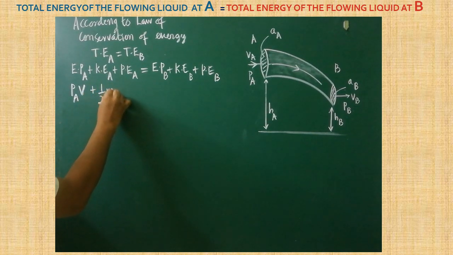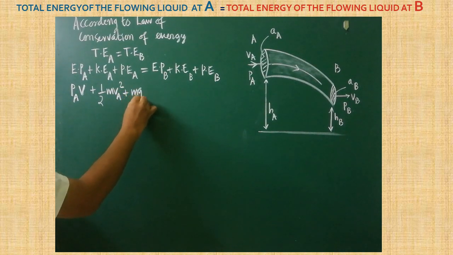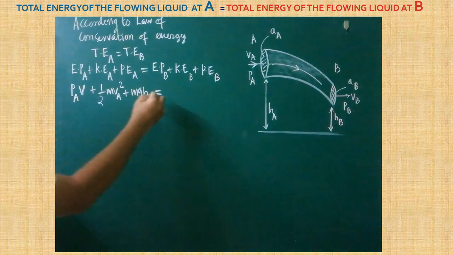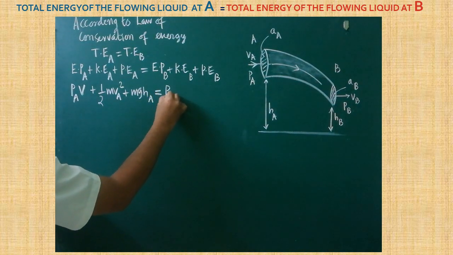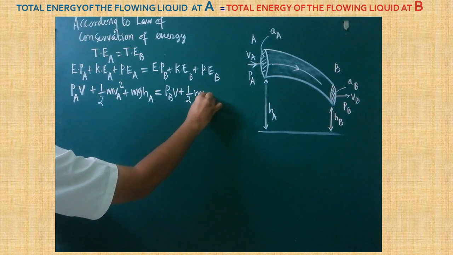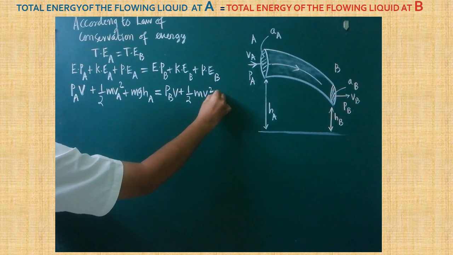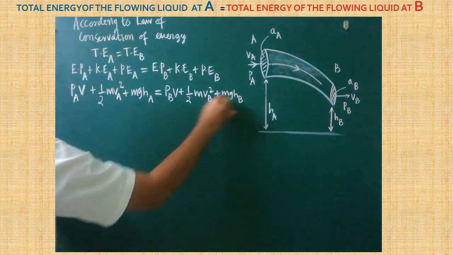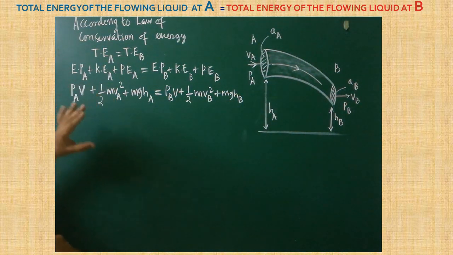Half m Va square. Then m g ha, which is equal to the same kind of thing written here: PB V plus half m Vb square plus m g hb. So on either side all the expressions are properly written.